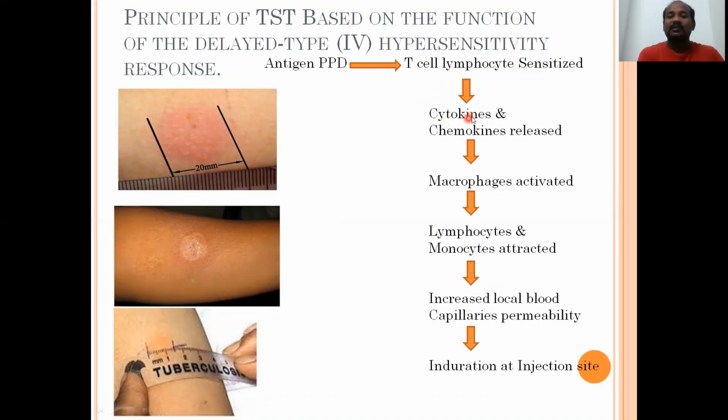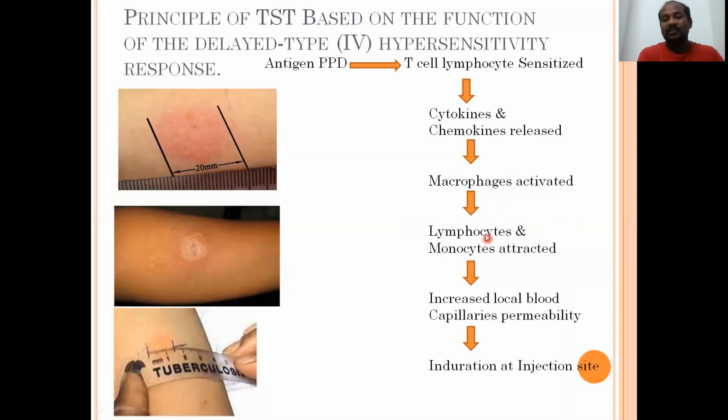Cytokines and chemokines include histamines, interleukins, interferons, etc. The cytokines will activate the macrophages. Once the macrophages are activated, lymphocytes and monocytes get attracted to the site of injection.